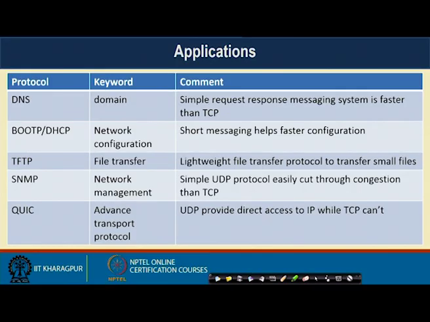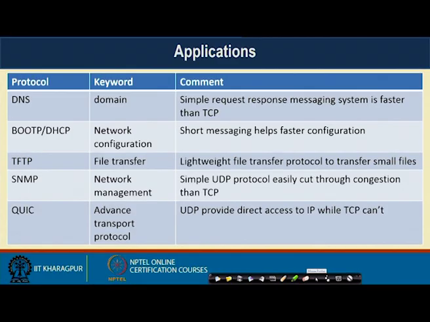Then the interesting protocol comes, which is Quick UDP Internet Connection, developed by Google a couple of years back, which is an advanced transport protocol. The idea behind Quick is to overcome many of the shortcomings in TCP, because of the slow start phase and the connection establishment for every individual flow. Quick uses UDP to provide direct access to IP.